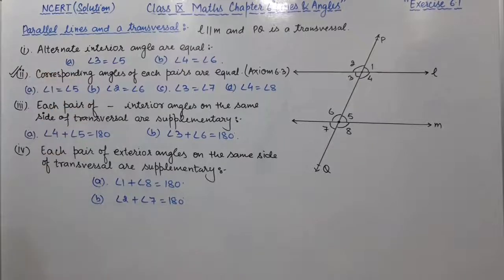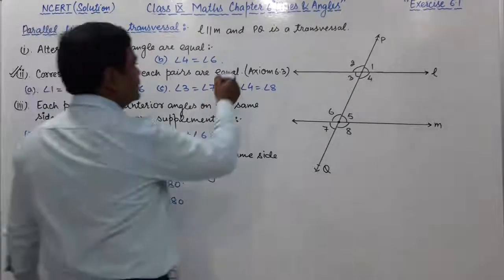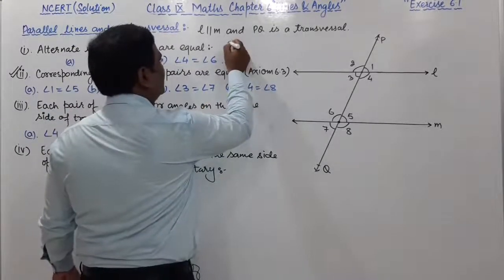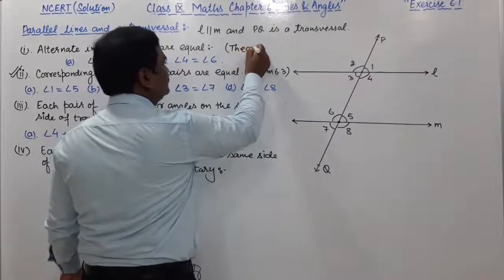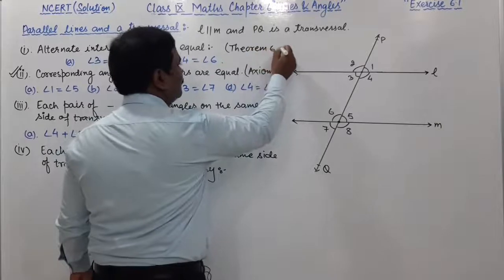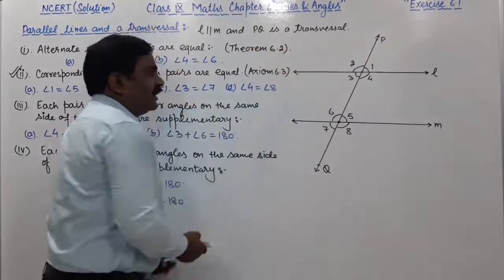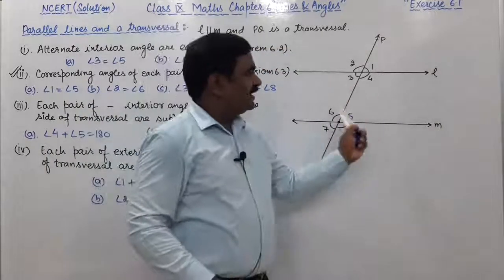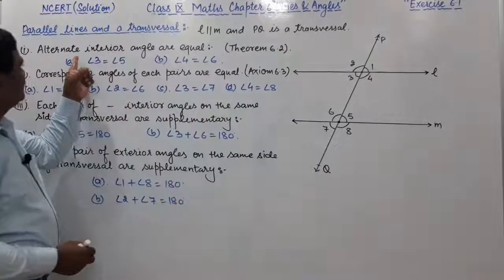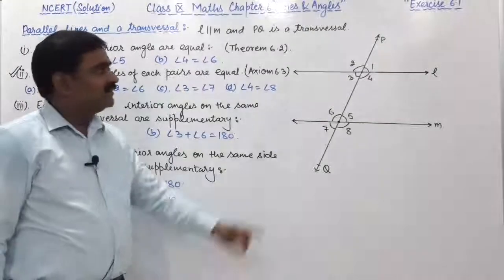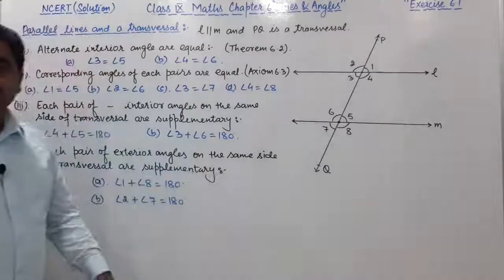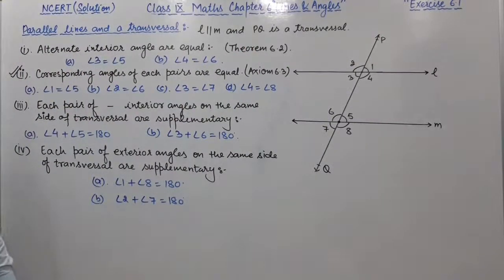This is theorem number 6.2, but the proof is not given in your textbook. If a transversal intersects two parallel lines, then each pair of alternate interior angles is equal, which is given in theorem 6.2.